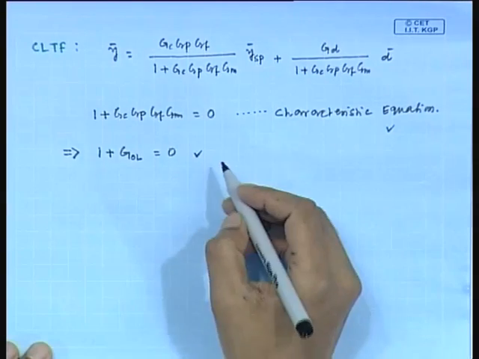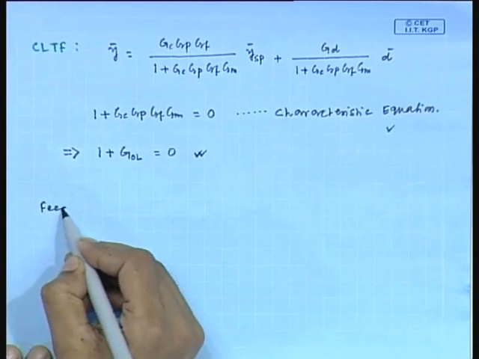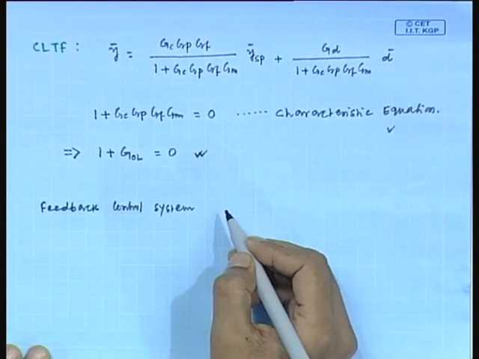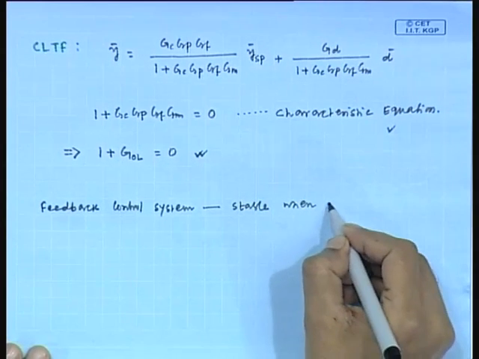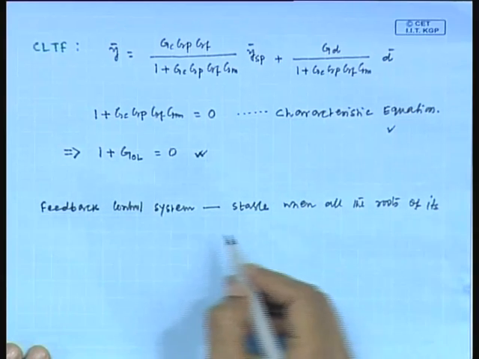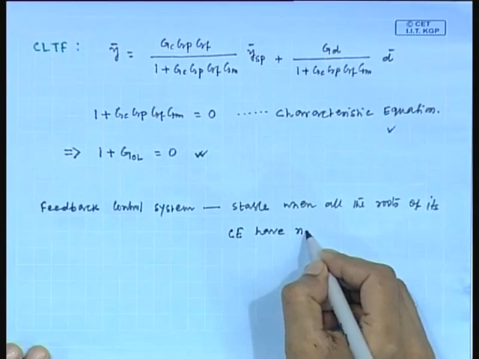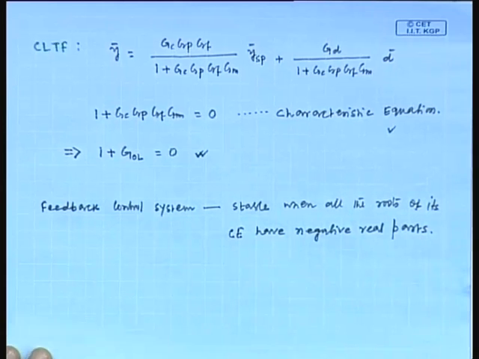A feedback control system is stable when all the roots of its characteristic equation lie in the left side of the complex plane, that is, have negative real parts.